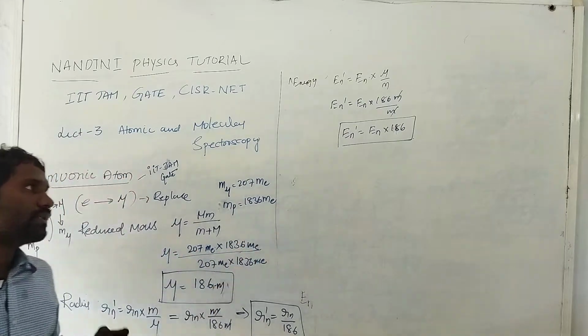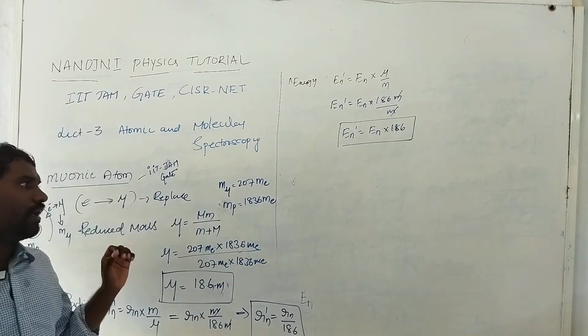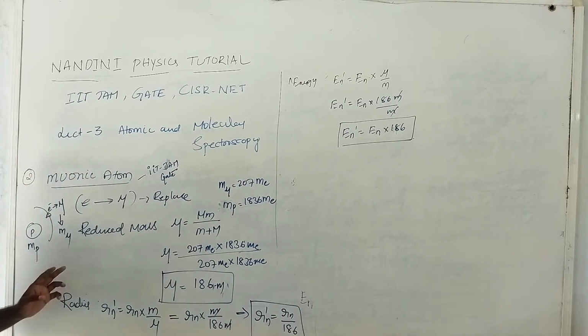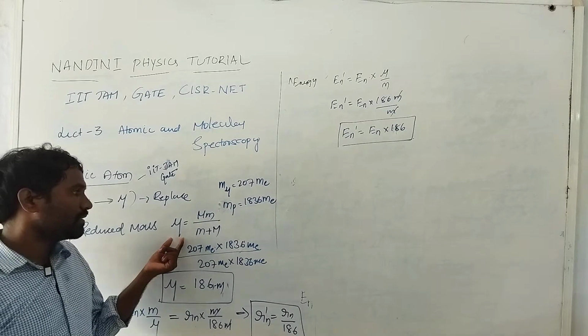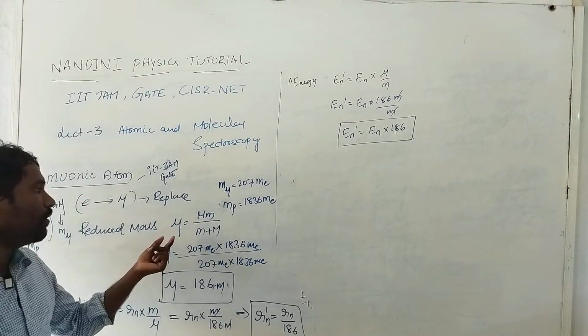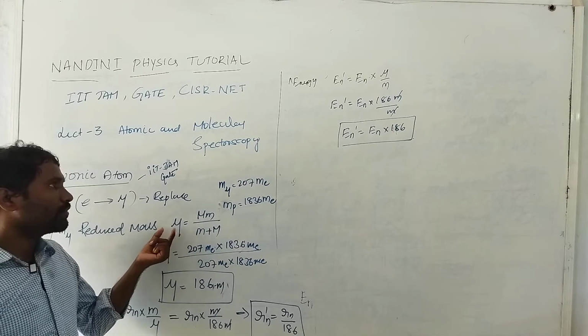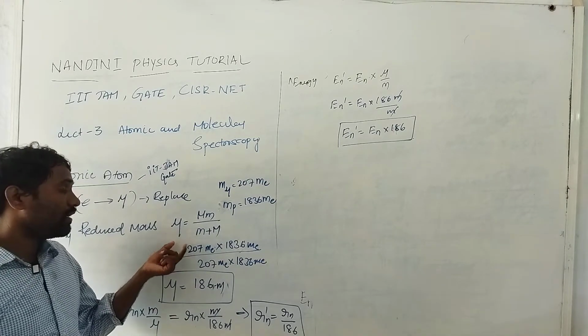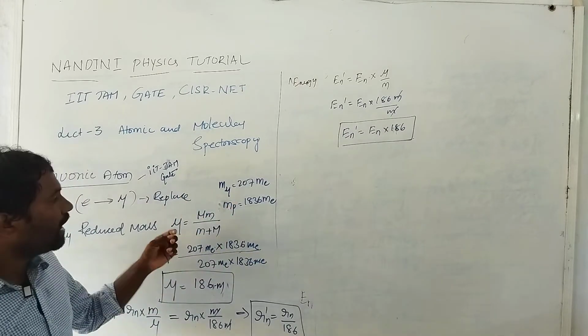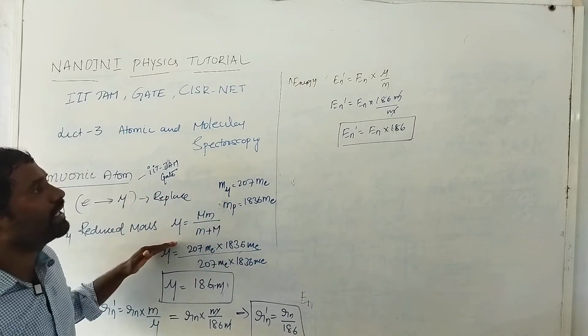So for that purpose I do some correction about the finite nuclear mass. Due to that correction I get reduced mass: in place of the mass of the electron I introduce the reduced mass. After then I do some mathematical expressions, and I will get the new radius and new energy.